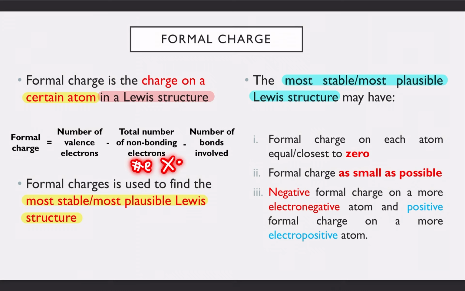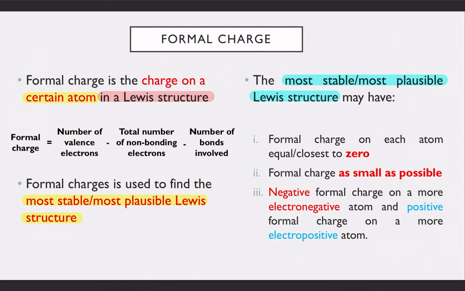Let's say if it has one lone pair, that means it has 2 electrons around it. So this one is 2. Then minus the number of bonds. For example, it has 3 bonds around it. So this is 3, because you have 3 bonds involved around element X in your Lewis structure.